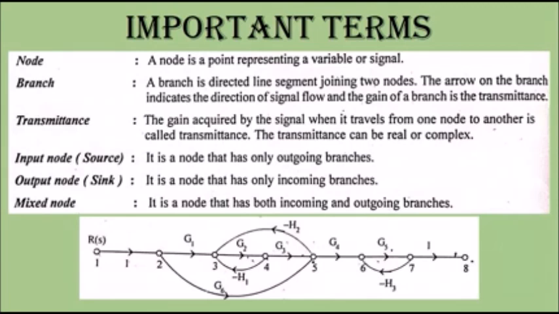So there are some important notations, important terms we need to study. First one will be the node. What is a node? A node is a point representing a variable or a signal, right?